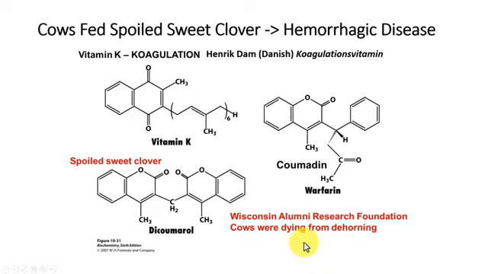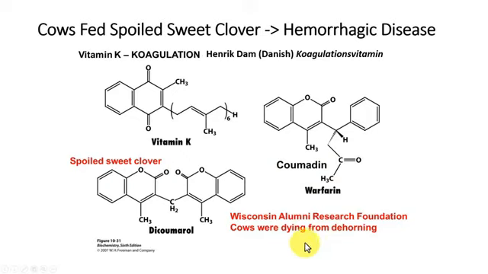So the scientists started looking at what the cows were eating. They found out that they were eating some spoiled sweet clover, and that spoiled sweet clover contained this compound called dicumarol, which is very similar in structure to vitamin K. So knowing that chemistry, they figured out why these cows were dying, because their vitamin K wasn't working well. The Wisconsin scientists then developed this compound called warfarin, also known as Coumadin.